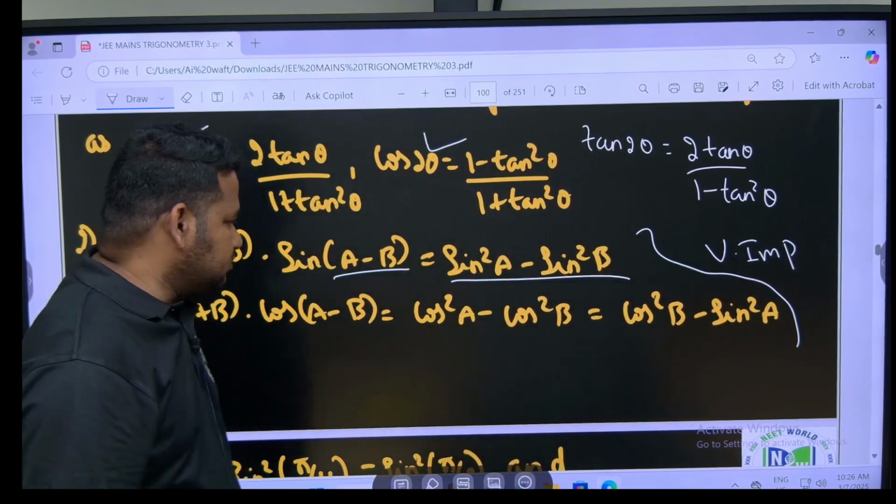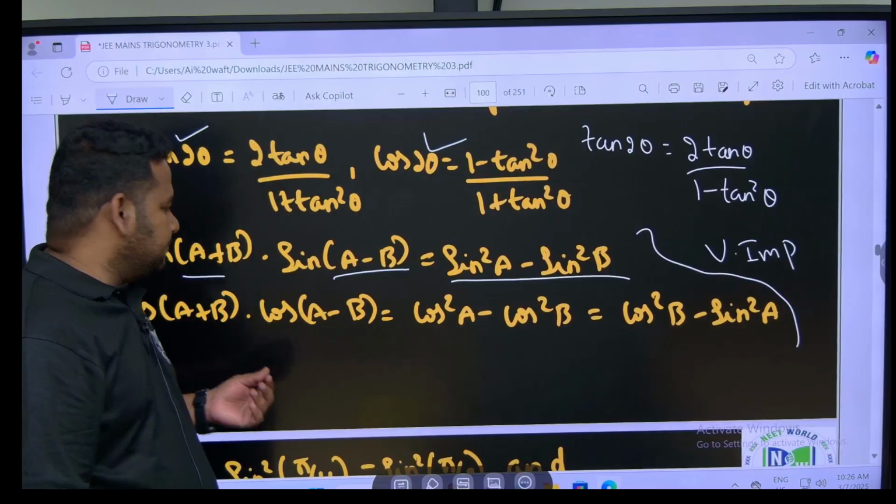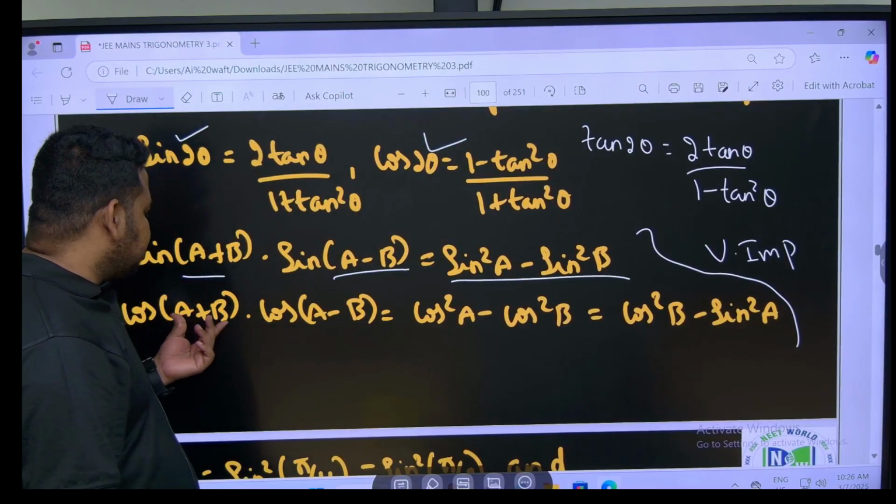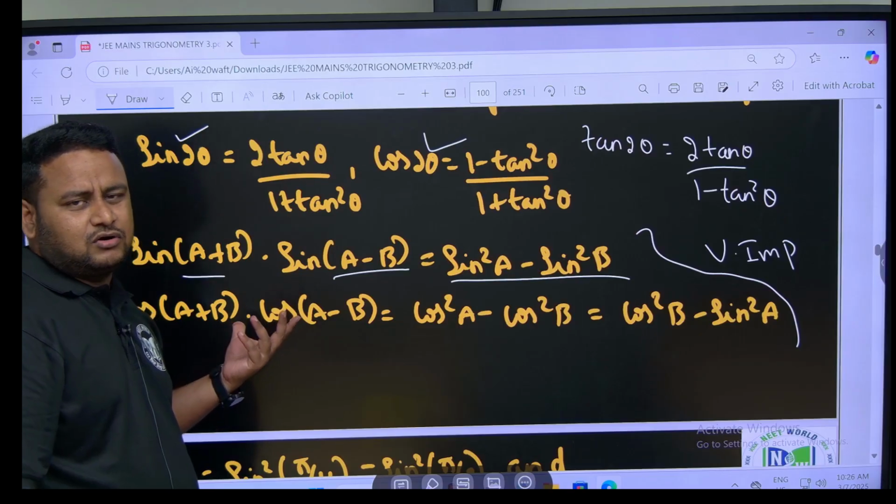Very important. These two results are highly important. Remember this. Based on this, questions have come directly. You can see cos of a plus b into cos of a minus b. Now cos is a little weird.